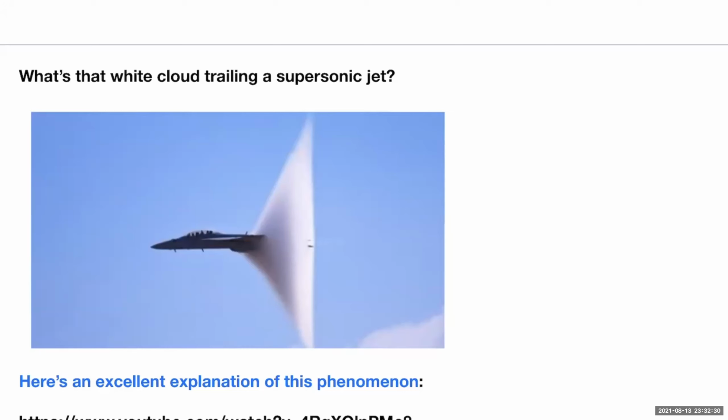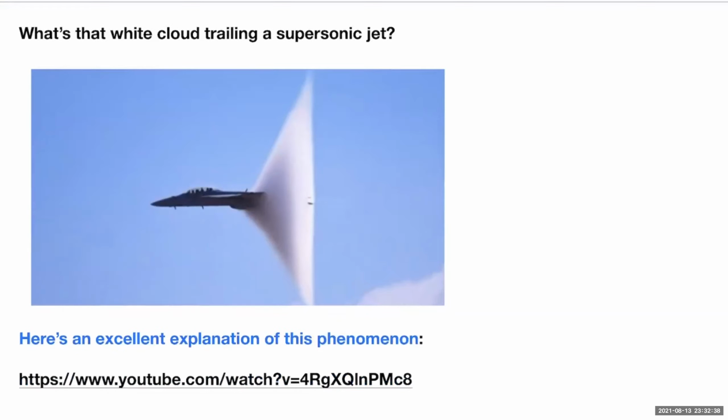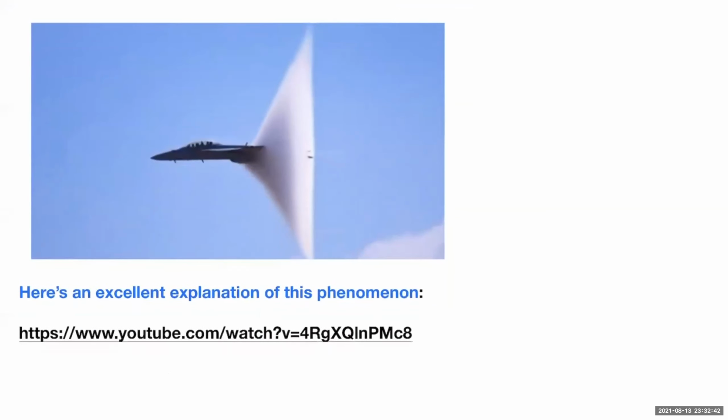What is this white cone made of? What is the stuff inside that appears to be white? Well, we can actually watch a little video. You can actually see this phenomenon, and you will get a good explanation of that as well. Okay, so let's see. We open that up, and we can actually watch it.